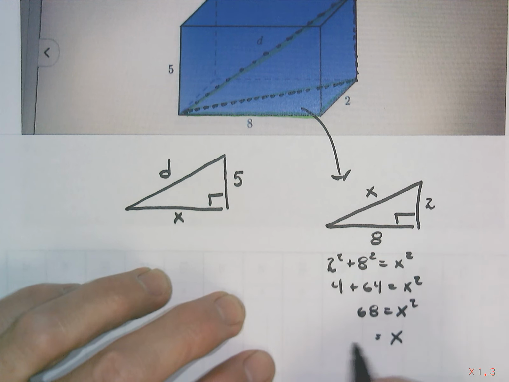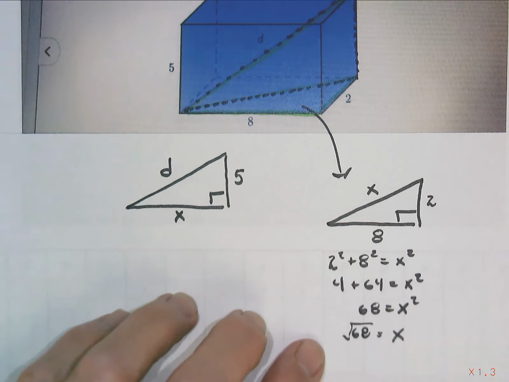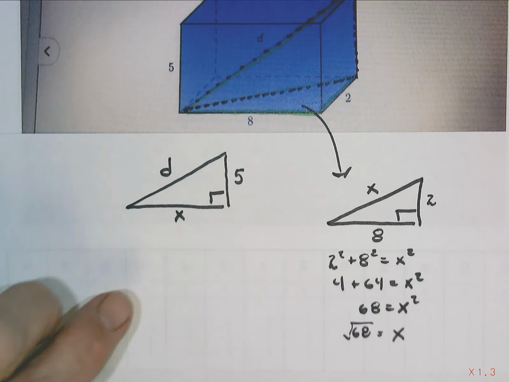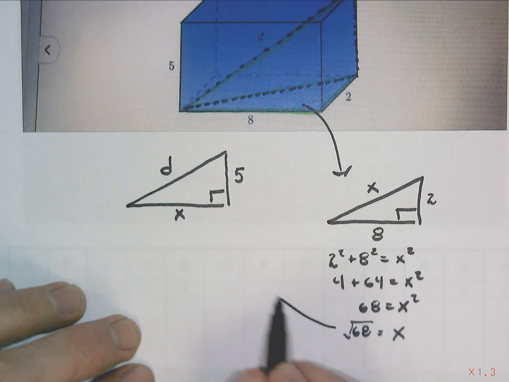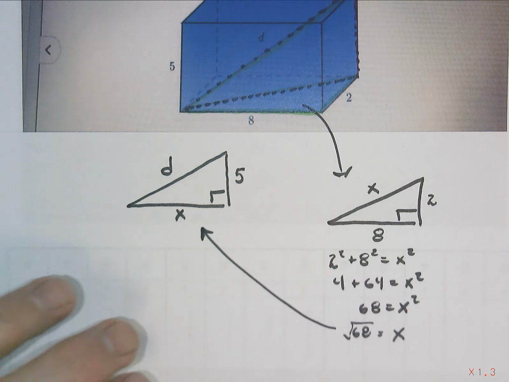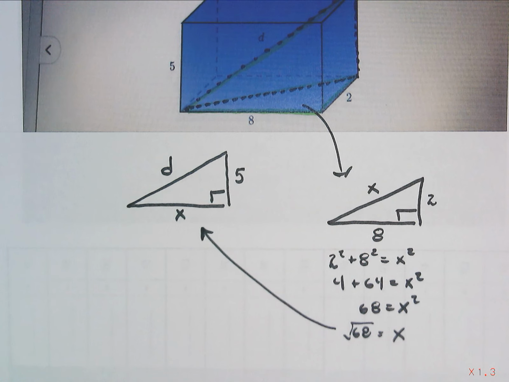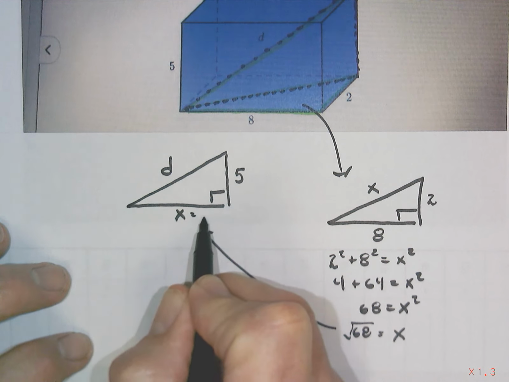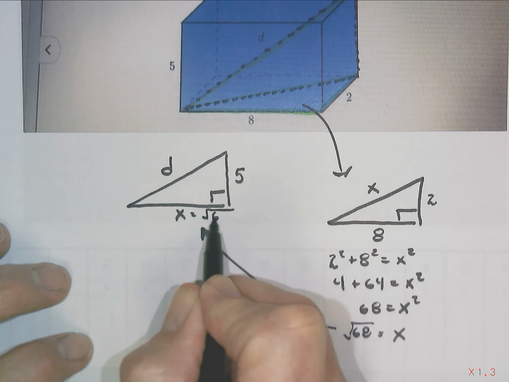X equals the square root of 68. Now, I am going to leave this in radical form because I know that when I replace this in here and use the Pythagorean theorem again, I am going to end up squaring the square root of 68, giving me just 68. So this is the square root of 68.